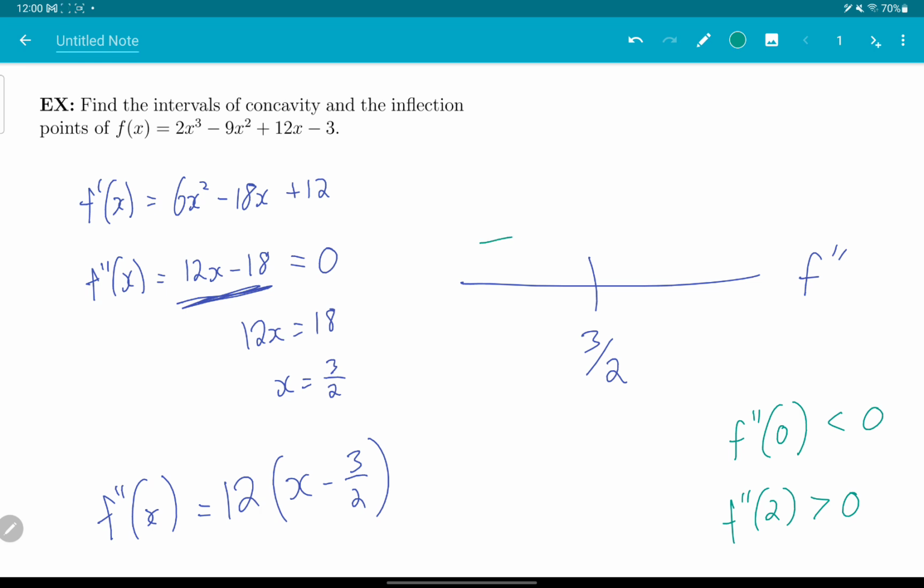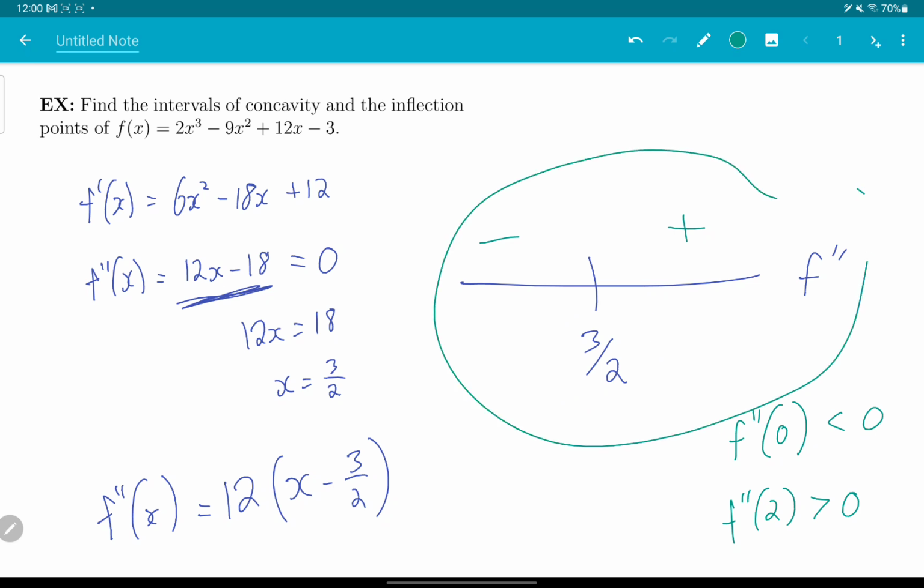So my signs are a minus there and a plus there. So my concavity is changing at 3/2. And this function is continuous everywhere, so 3 over 2 is an inflection point.